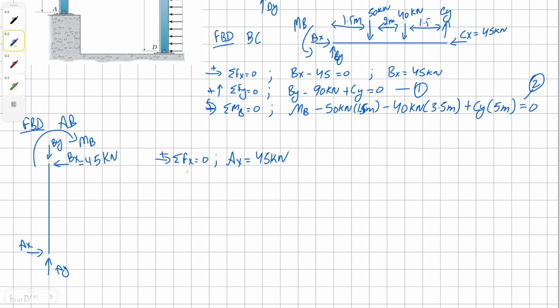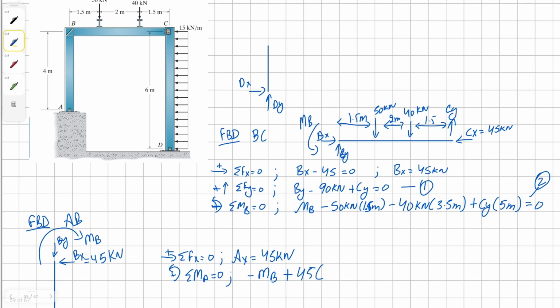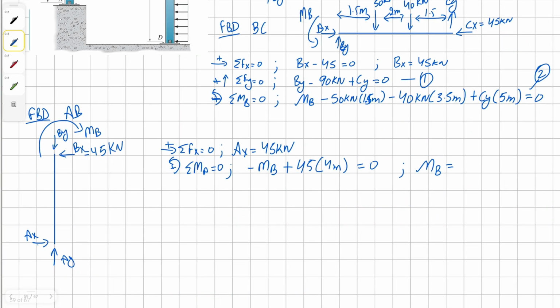And now we can take a moment about the point A to find our solution for moment B. So we're going to have negative moment B, and then we have counterclockwise Bx, and it's 180 kilonewton meter.